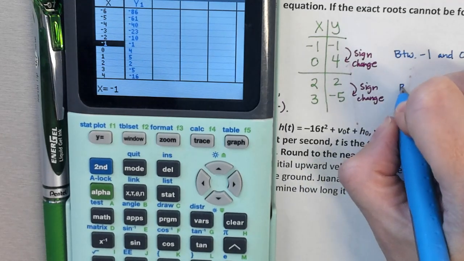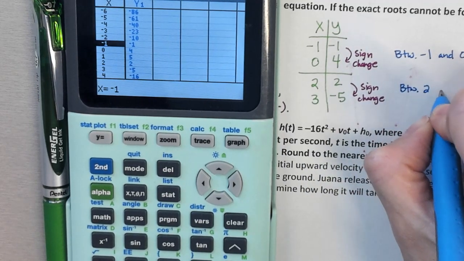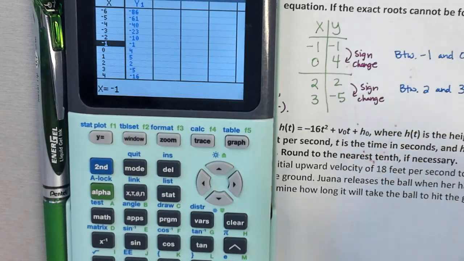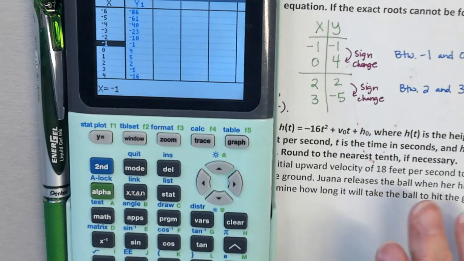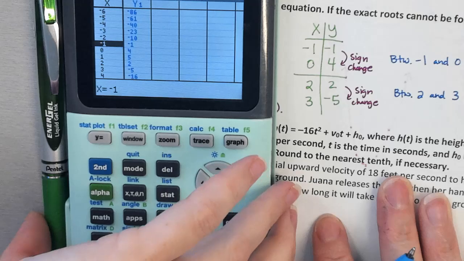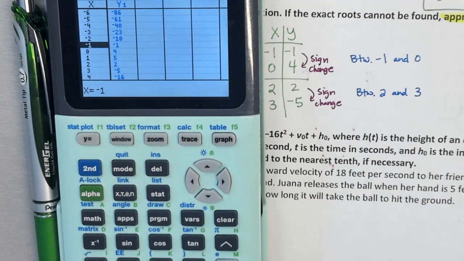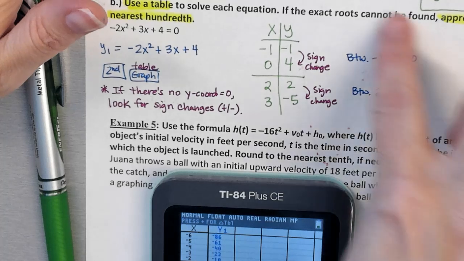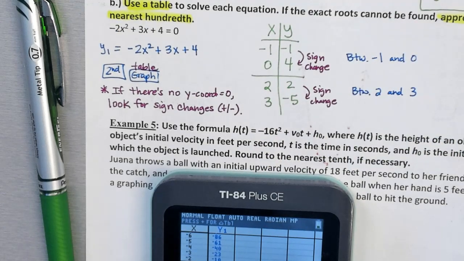Okay, this is between 2 and 3 for your x's. Okay, and now we're going to talk about how to round that to the nearest hundredth. Do we have questions on this step though? Finding the sign change or the x values?